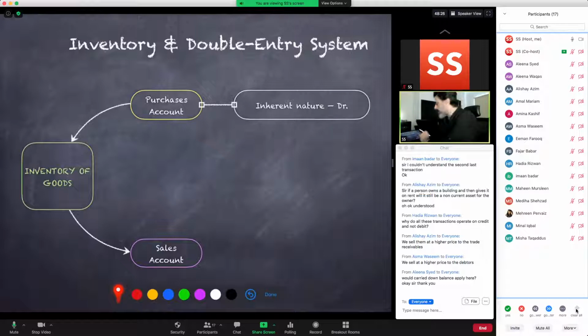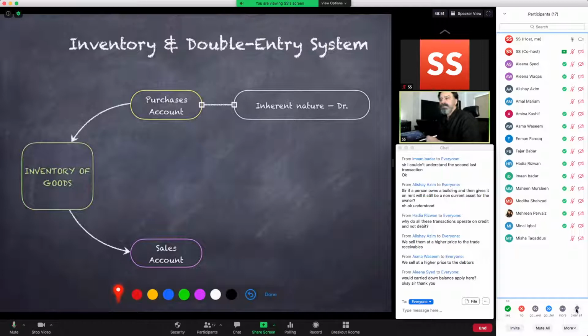If you agree or disagree with this description, just use the green check or red check in the participant window, just quickly. Do you agree that the purchases account that we are going to create in a ledger will have an inherent nature of being a debit balance? So we agree, but do we understand the reason why?